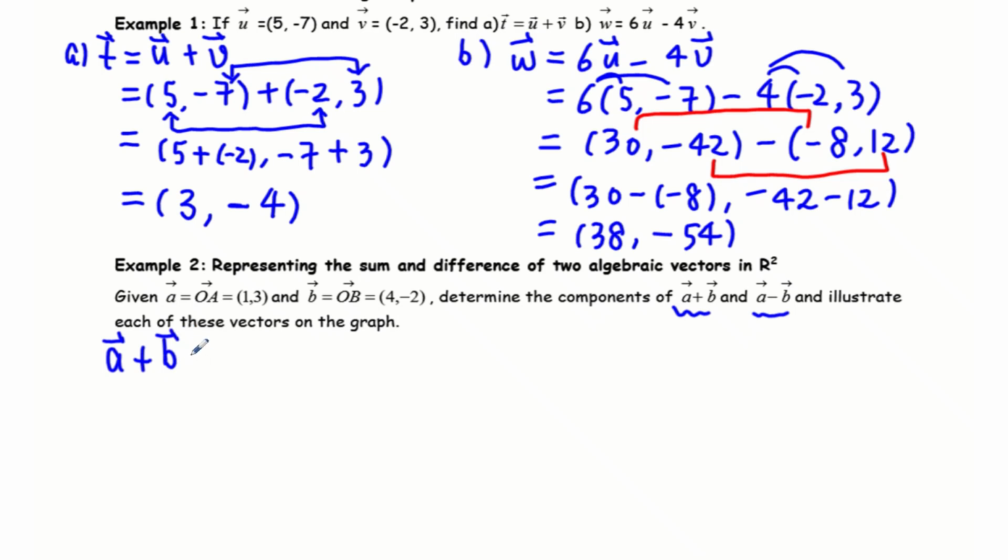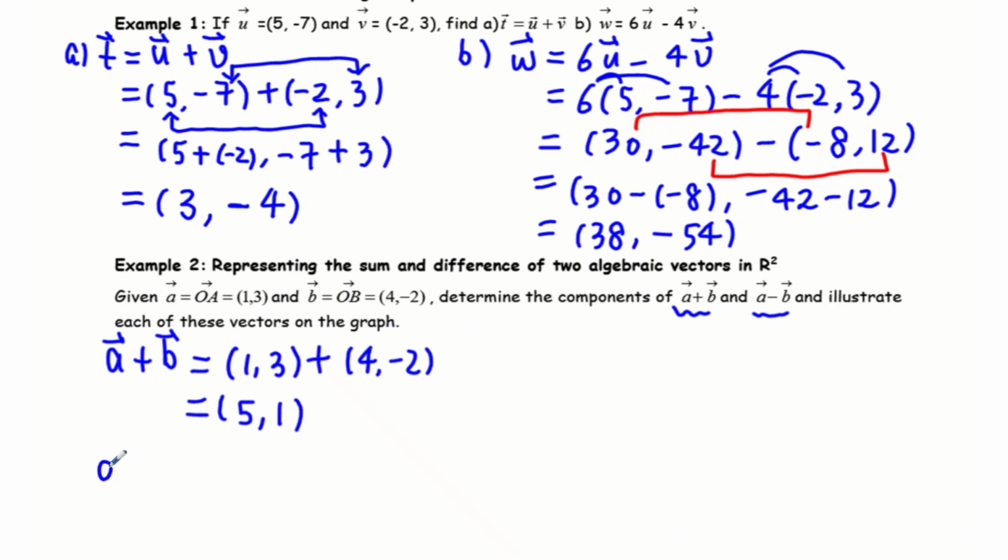It's just add the x direction together, add the y direction together. We could just use 1, 3 plus 4, -2. Then x plus x is 5. Y plus y is 1. It's done.